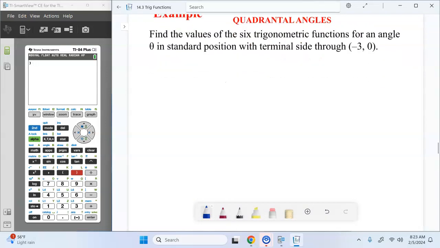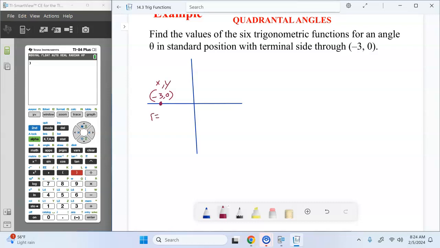Okay? So real quick, we'll go with this last one here. So negative 3, 0. What axis is that located on? It's on the x-axis, over here to the left. Negative 3, 0. So x is negative 3. Y is 0.